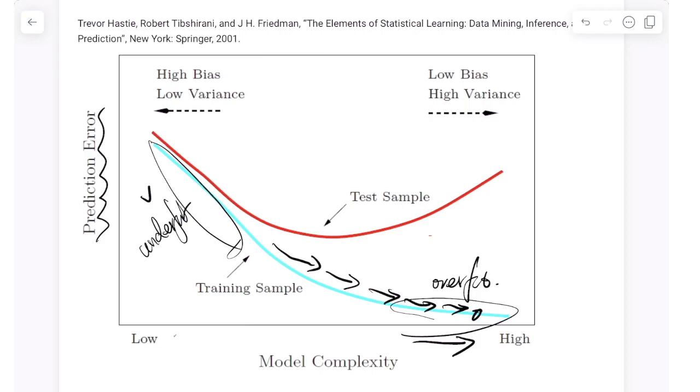Because you can train your model to find the exact relationship between every data point. But in the meantime, you should test your model by using another set of data, a validation data set or test data set, and I suggest using a validation data set.